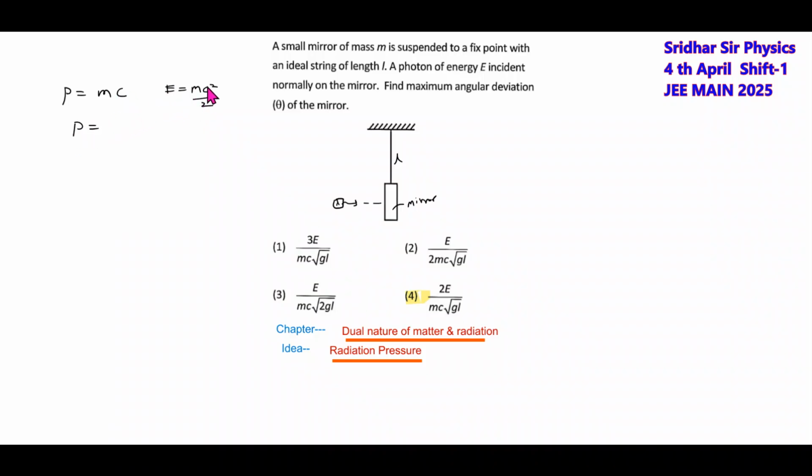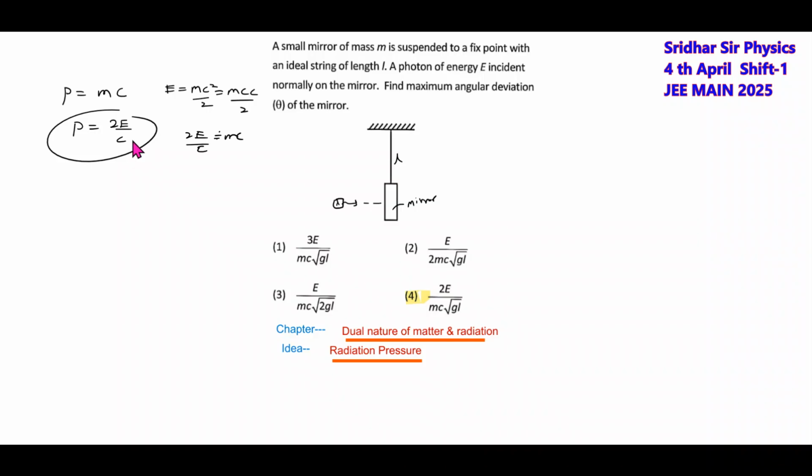Here one m one mc, what we can write here is 2E by C. So this will become 2E by C.